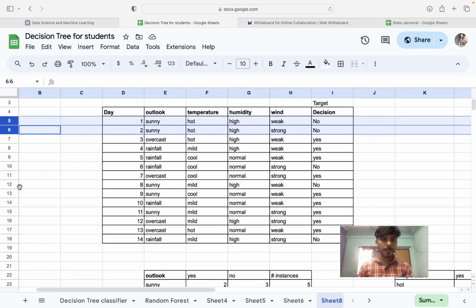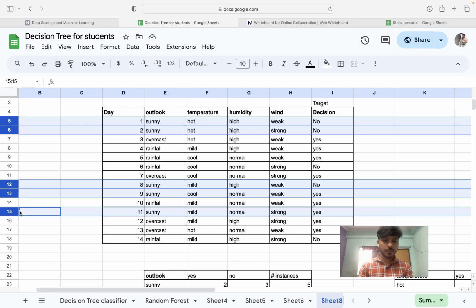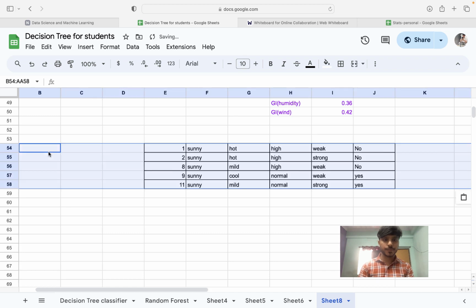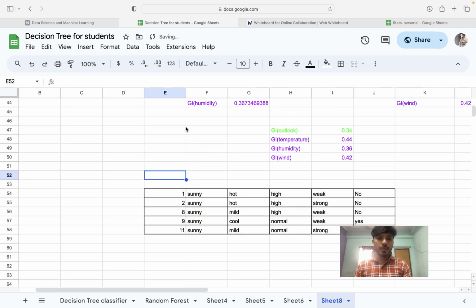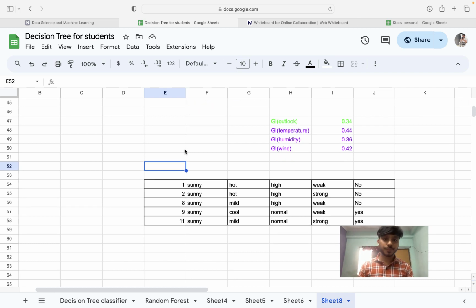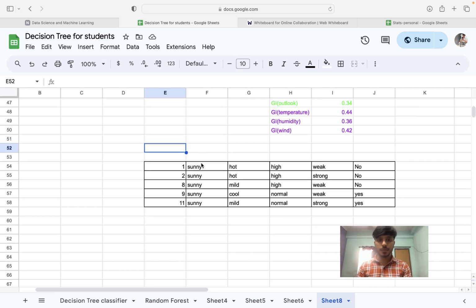Sunny, sunny, sunny, sunny, sunny. These are the rows that we're going to segregate now. Similarly, I'll do it for overcast and wind in a moment, but let us do it for this.